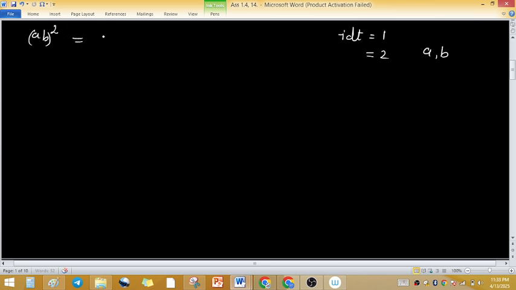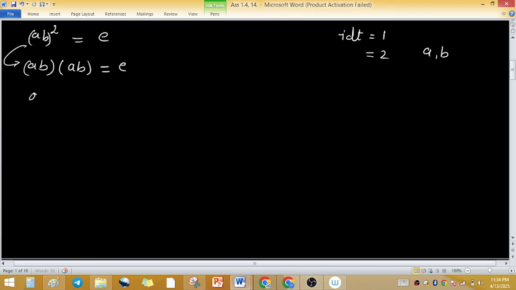So if the order is 2, then (AB) square equals identity. I can write ABAB equals identity. This is the meaning of writing it in power or expanded form.